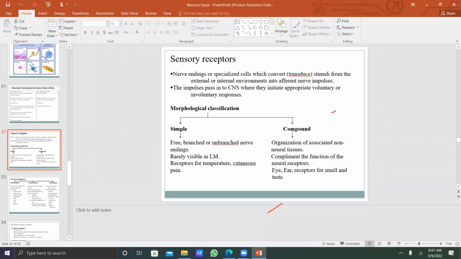So, these receptors gather signals from the outside world and convert those impulses into afferent nerve impulses to be transmitted to the brain or the spinal cord.